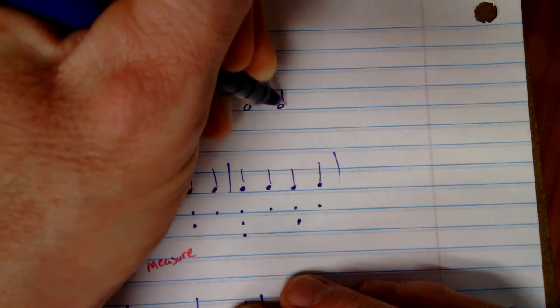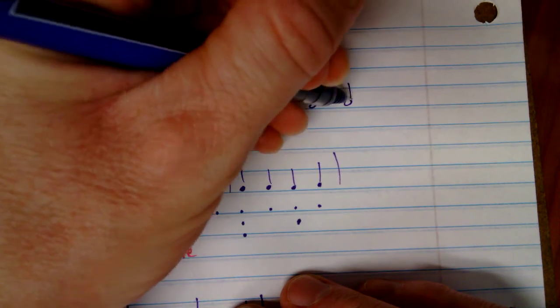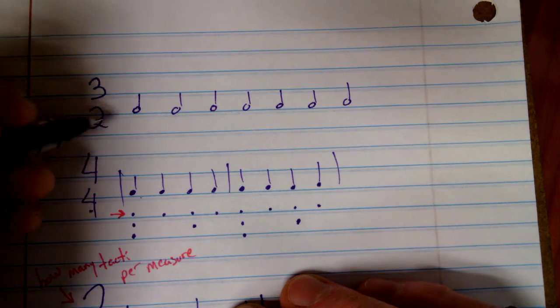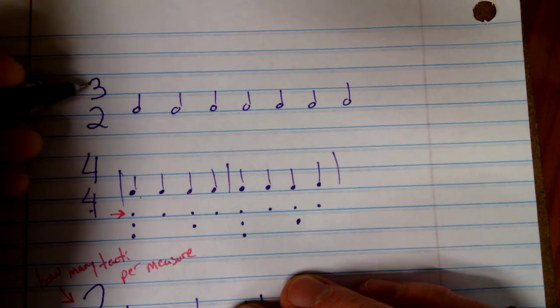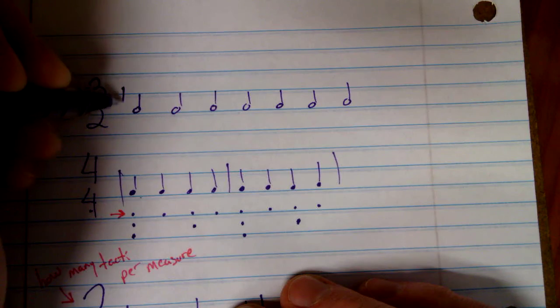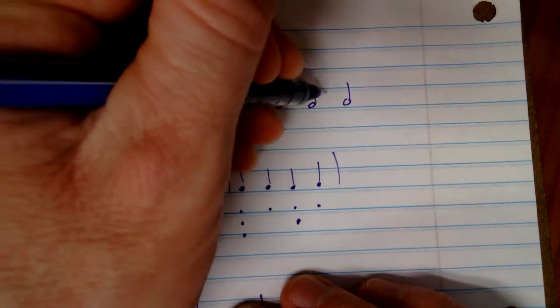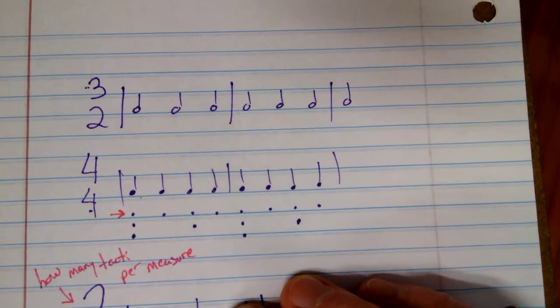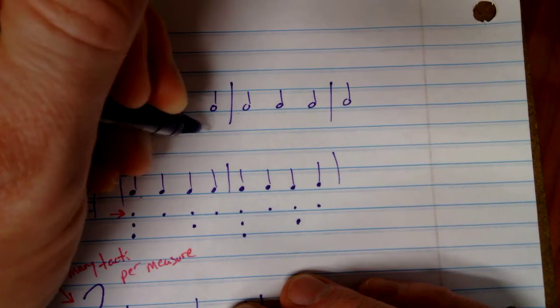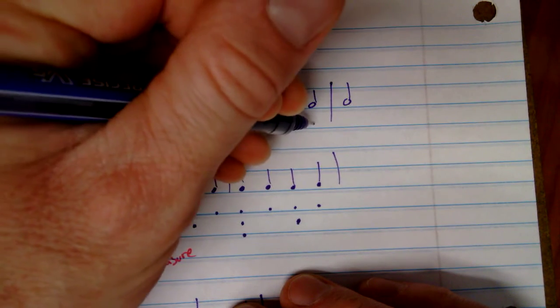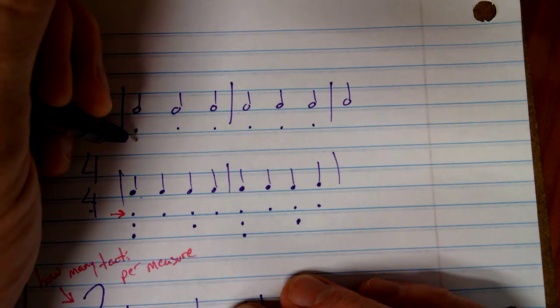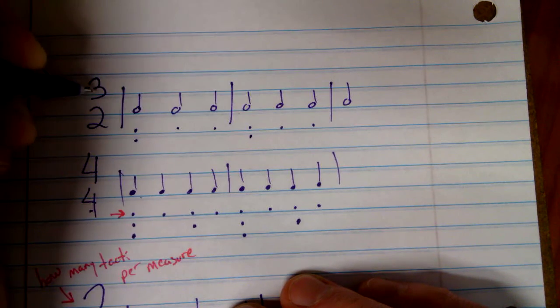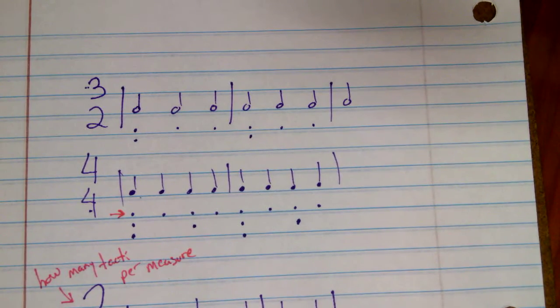And then that means that there is a measure every 3 of those half notes. So we have 1, 2, 3 half notes, 1, 2, 3 half notes, 1, 2, 3 half notes, and so forth. And just like before, that's our tactus, and then there's a larger pulse every 3 of them because of the top number in that meter.